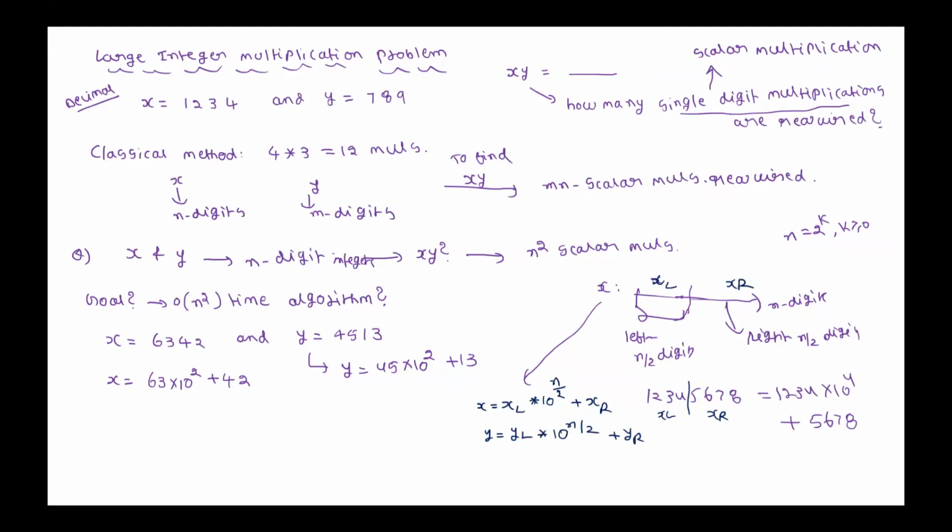Is that correct? Now what is x into y? Okay, let us write it in the next slide. What is x into y now? It is XL into 10 raised to n by 2 plus XR, into YL into 10 raised to n by 2 plus YR. Is that okay?